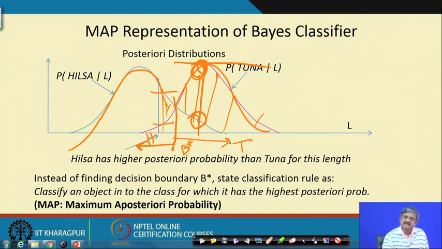These curves are the posterior probability curves, and my rule is to put it into that class which has the highest posterior probability. The MAP rule, the maximum a posteriori probability principle, is the same as the base classifier.